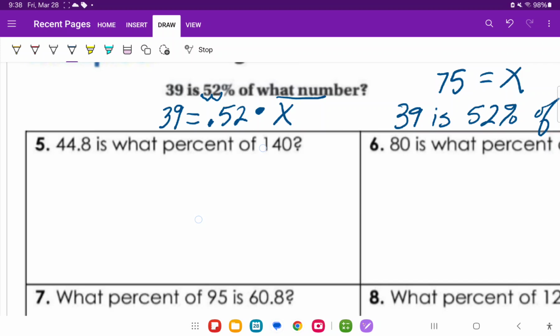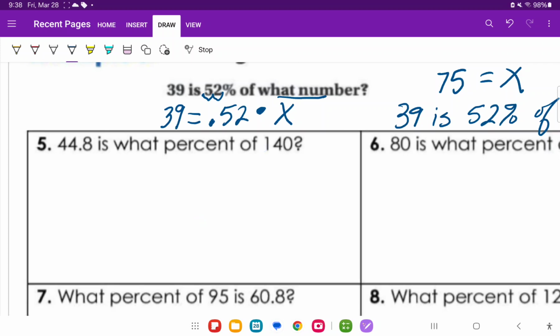All right, so let's look at number 5. First of all, let's make a math sentence out of this. 44.8 is equal to what percent? We don't know that part, but here's our of 140. We have to write our math sentence first.